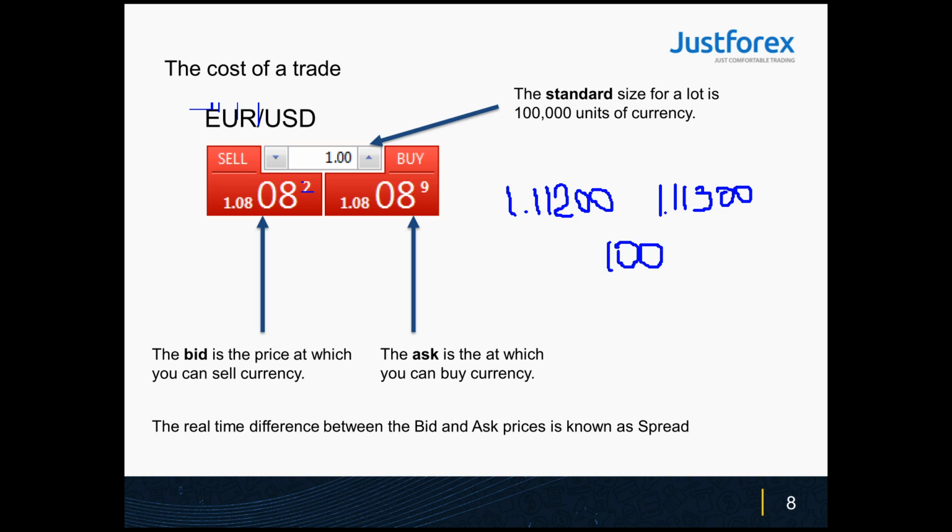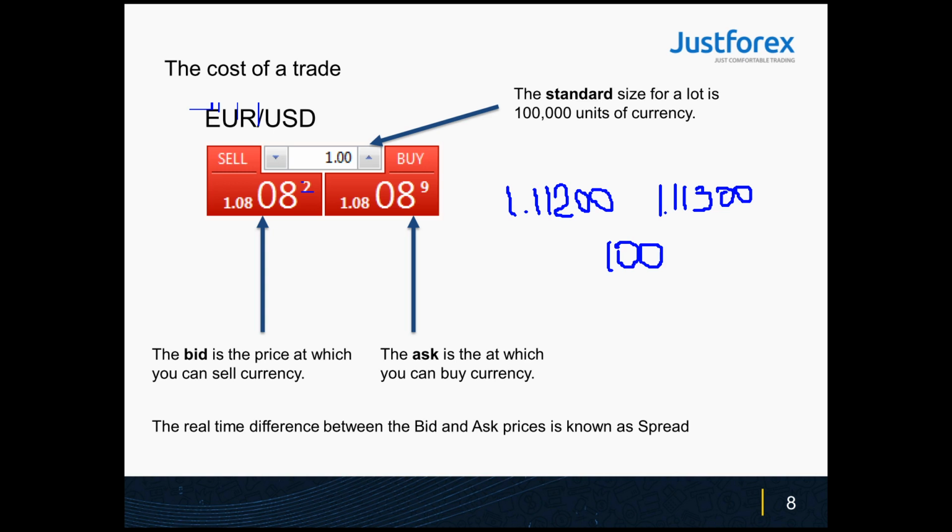If you're trading with a full lot with the pip cost of $1, that means that your potential profit in that trade could be $100. So that is as easy as it is.